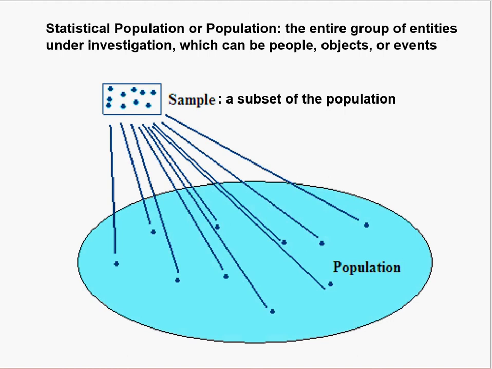Studying a sample is very quick, less time consuming, and less expensive. That's why we study samples. And using a sample as a representative of the population is one of the most important aspects of statistics. In inferential statistics, we are going to study how we use a sample mean to infer information about the population mean.